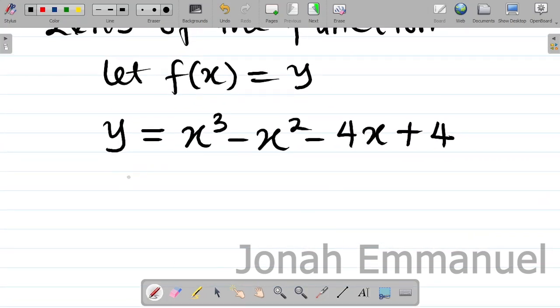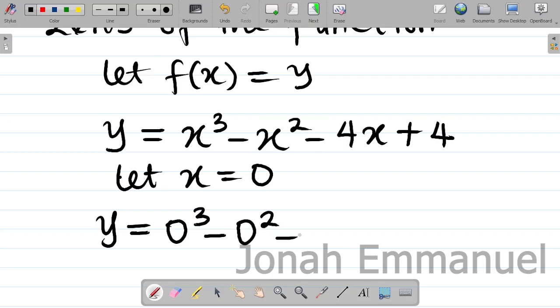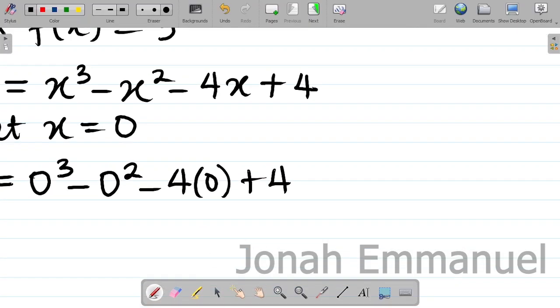The next task is to let x be equal to 0 and see the value of y. If x is 0, we'll have y equal to 0 cubed minus 0 squared minus 4 times 0, plus 4.